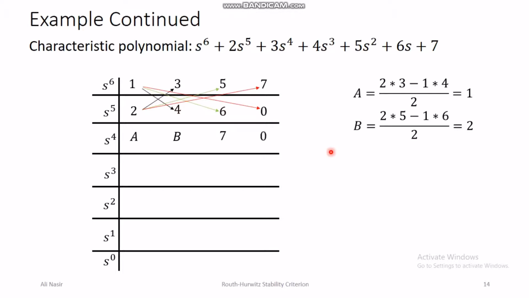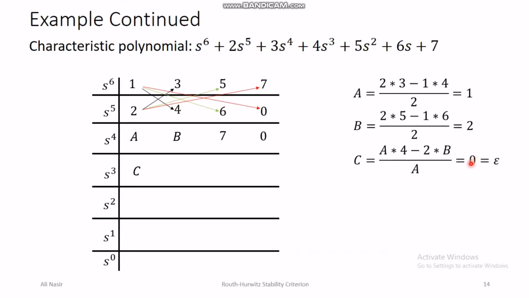Next there is nothing to fill in here, so we fill this column of the third row with 0 value. Then we calculate C with the help of A into 4 minus 2 into B divided by A. So A is 1, B is 2, so plugging in the values, C turns out to be 0.